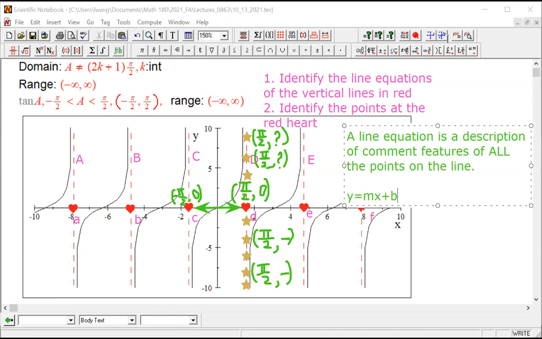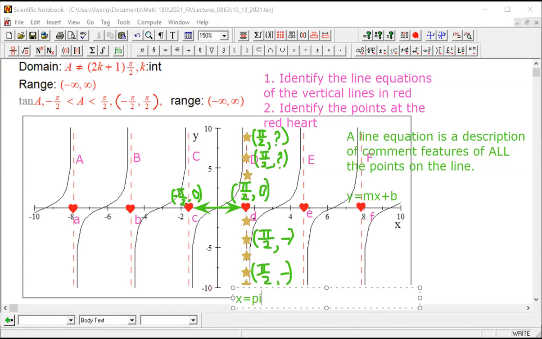Therefore, this line equation is x equals pi over 2. That's the line equation. It describes all the points that have the same x coordinates. And then you say, what happened to y? Y is free. Y is at large.